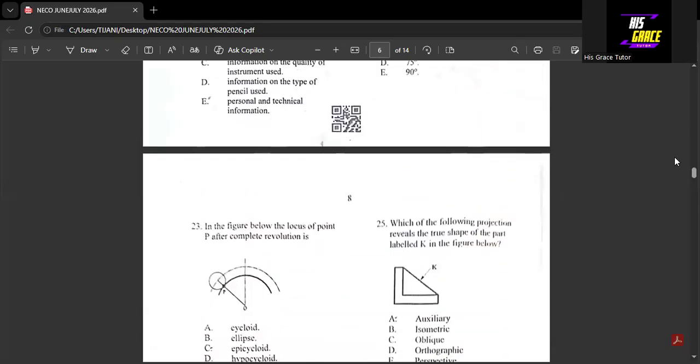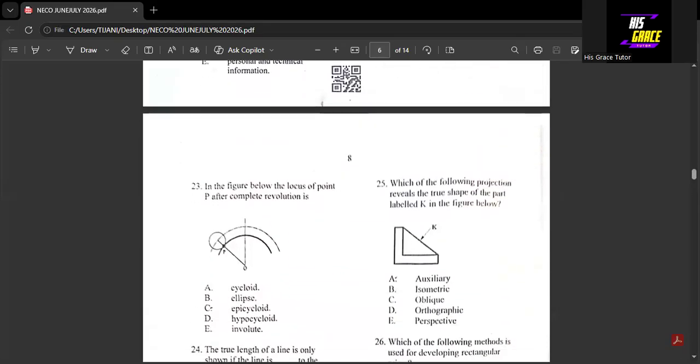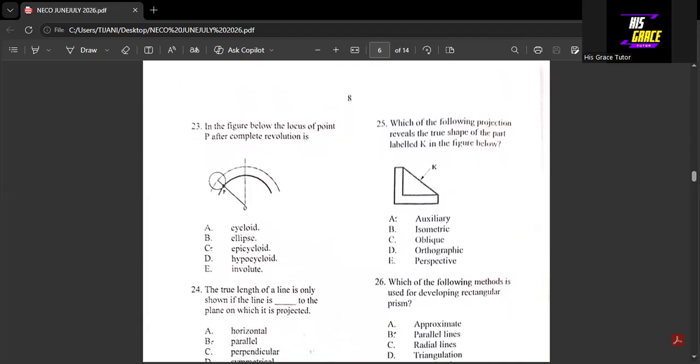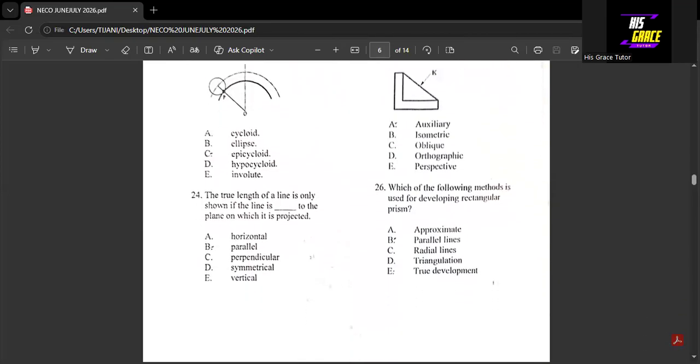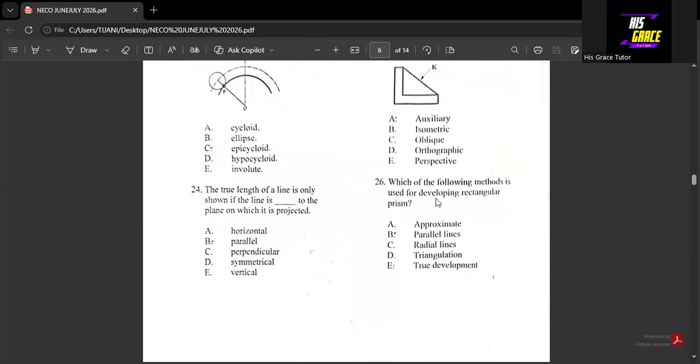Then going on to question 25, which of the following projections reveals the true shape of the part labeled K in the figure below? An auxiliary view will give us the true shape of this part. Then question 26 says, which of the following methods is used for developing a rectangular prism?